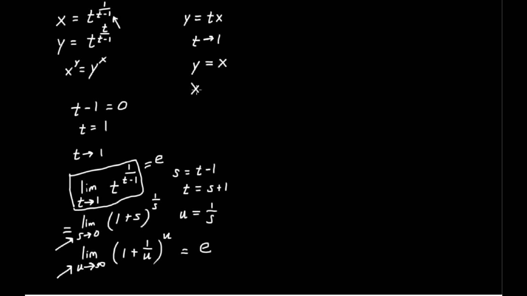Now, if x is going toward e, that means the equation for y must be going toward e as well. So we see that the limit as t goes to 1 of the equation for y, which was t to the power of t over t minus 1, is also equal to e.